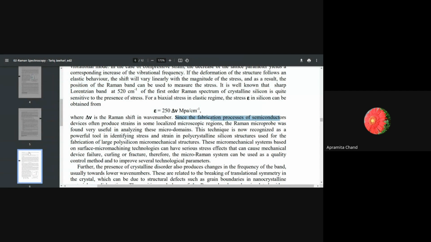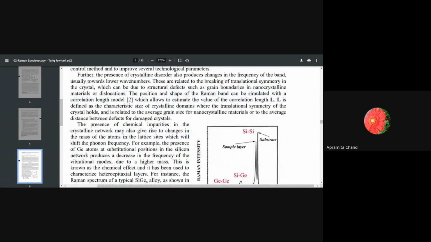Also, devices, what kind of strains they can produce in some localized microscopic regions. We can see the micro domains, we can see the stress and strain in polycrystalline silicon structures and micromechanical systems using Raman. So any surface phenomena can be found out using Raman spectra.